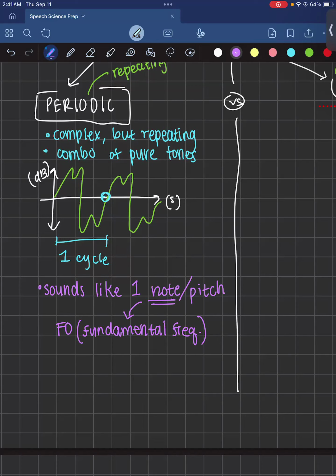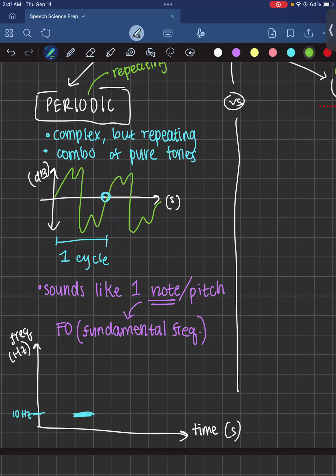So basically, if I were to make a spectrogram instead, remember, spectrogram is time on the x-axis, and then we have frequency or hertz on the y-axis. Let's say that our fundamental frequency is 10 hertz. So we're going to see our fundamental frequency right there.